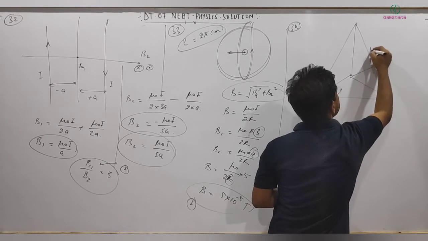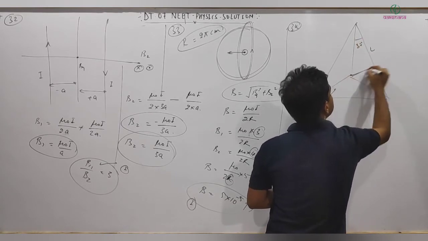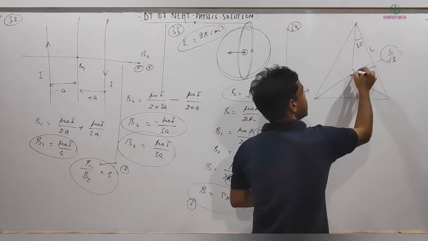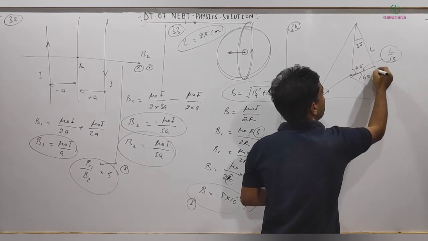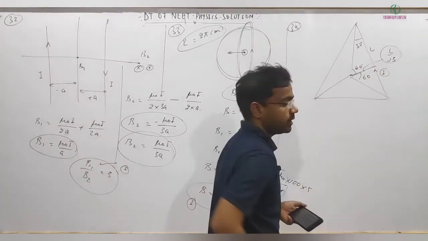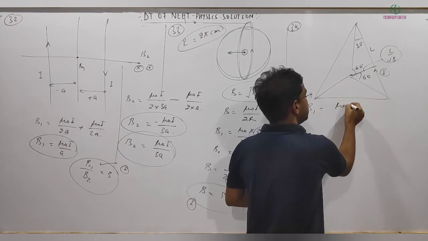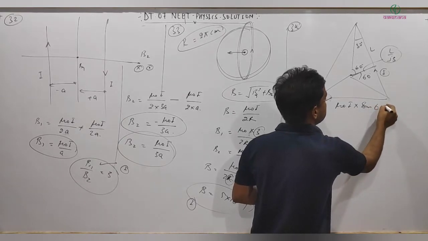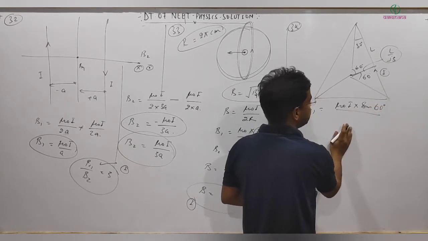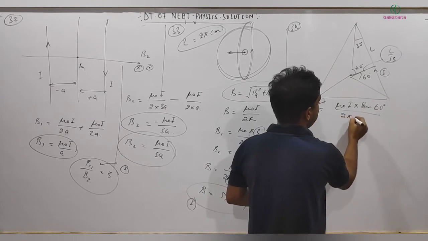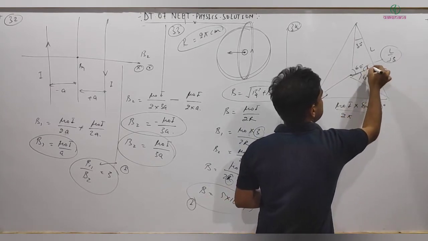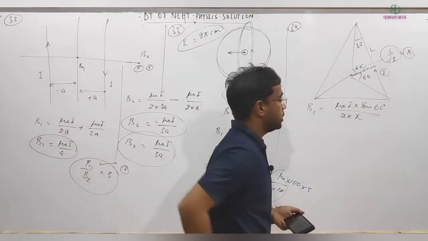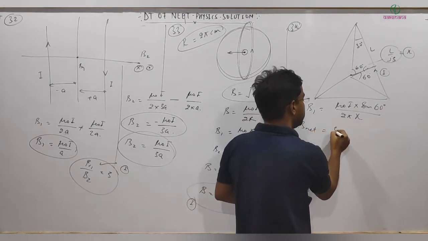So first thing, this is given as L, this is 30-degree, then this is equal to L by root 3 distance, and this angle is 60-degree, this angle 60-degree, and current I. Then the magnetic field due to one wire, B1, can be written as mu naught into I into sine theta, or sine 60, divided by 2 pi into this distance, let's say this is x, so 2 pi x, and B net will be simply 3 times B1.